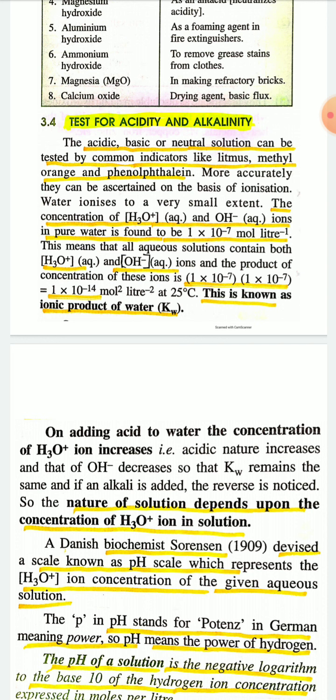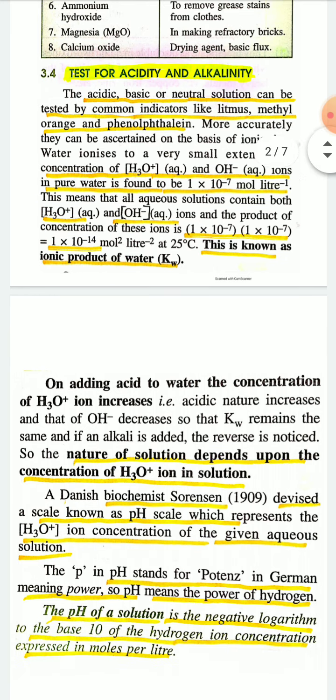In case of aqueous solution of acids, the concentration of H3O+ ion is more, and in case of aqueous solution of some bases, you will see that concentration of OH- ion is higher and concentration of H3O+ ion is lower. So the nature of solution depends upon the concentration of H3O+ ion in solution. In case of acidic solution, concentration of H3O+ ion is more. In case of basic solution, concentration of H3O+ ion is less.